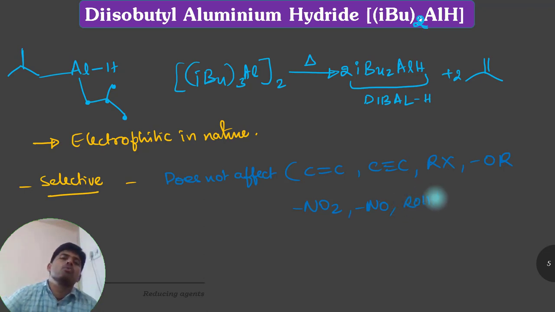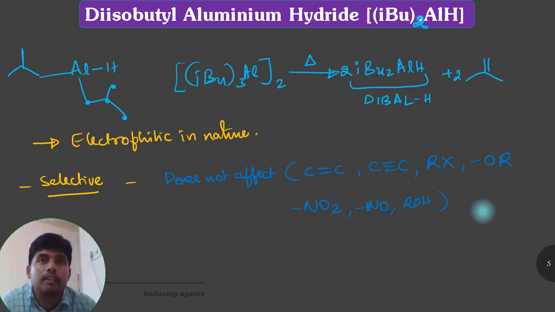Like there are some compounds which reduce alcohol also, like we have red phosphorus in HI. So these are all not affected by the DIBALH or diisobutyl aluminum hydride.